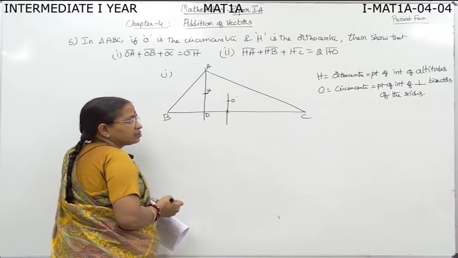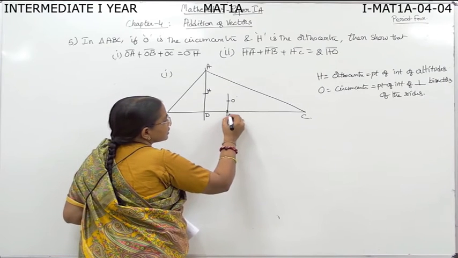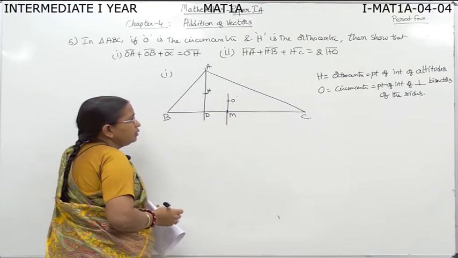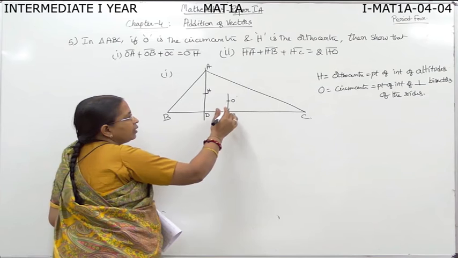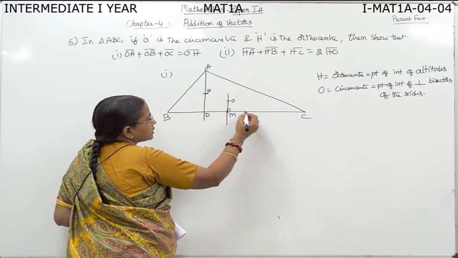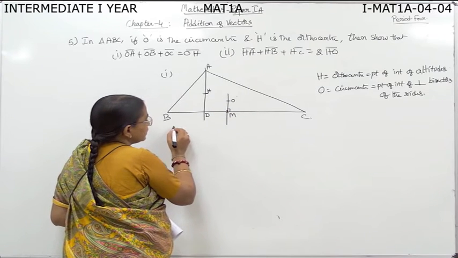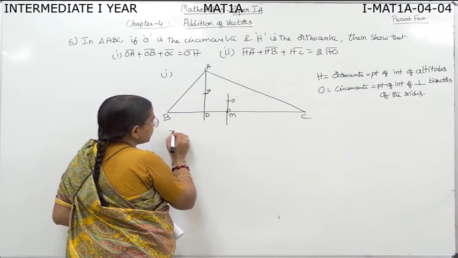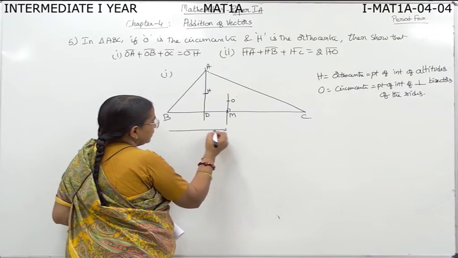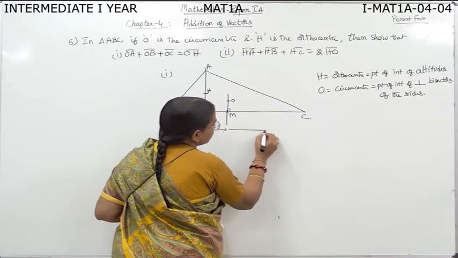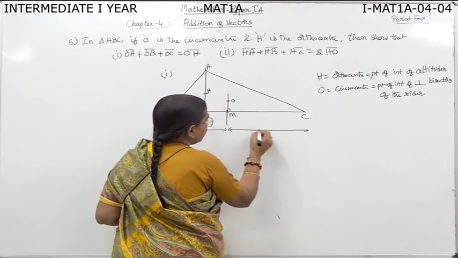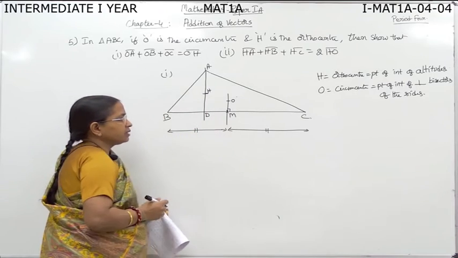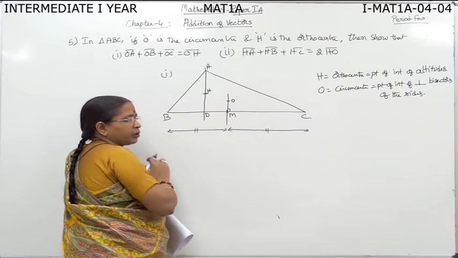So we'll take this as O. And then we'll take this as some M. Now, this is the perpendicular bisector. So this length is same as this length. These two are equal length, because M is the midpoint.